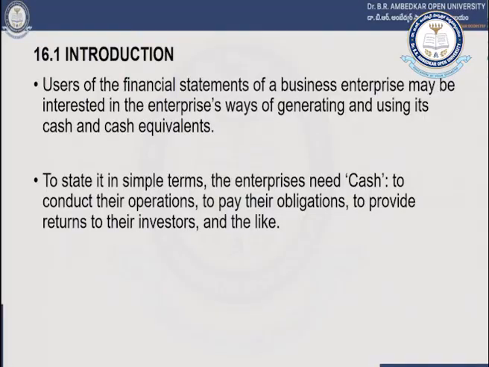Whatever profit is generated is also shown on the accrual basis. That is not the true profit in the form of cash. So it is essential to know the actual cash that we received. To understand the actual cash flows, we need to prepare a statement called the cash flow statement.